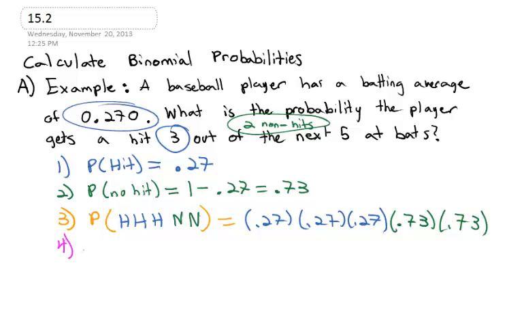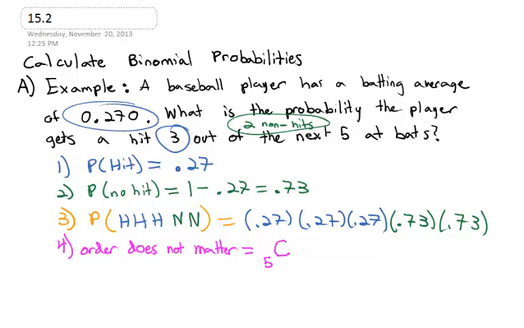The problem says that the order does not matter. We just want 3 out of the next 5 at-bats to be hits, which means we could have a hit, miss, hit, miss, hit. We could have a hit, hit, miss, miss, hit. The order doesn't matter. And so to account for all the different orders and all the different arrangements, we have, as you would expect, a combination.